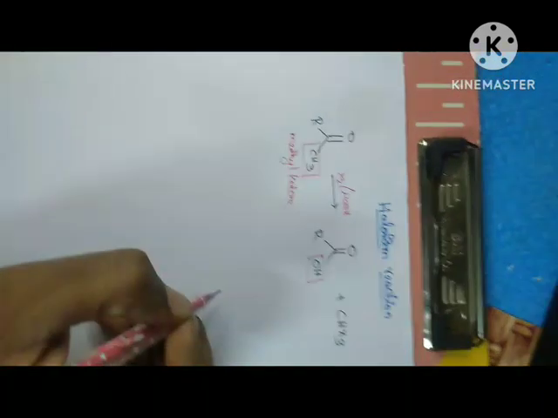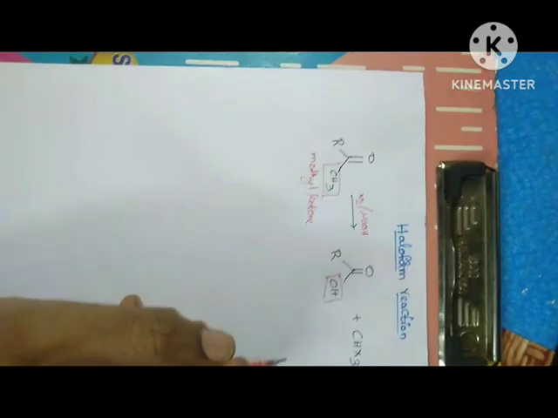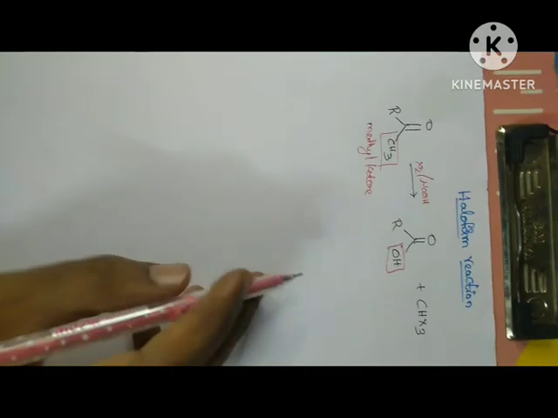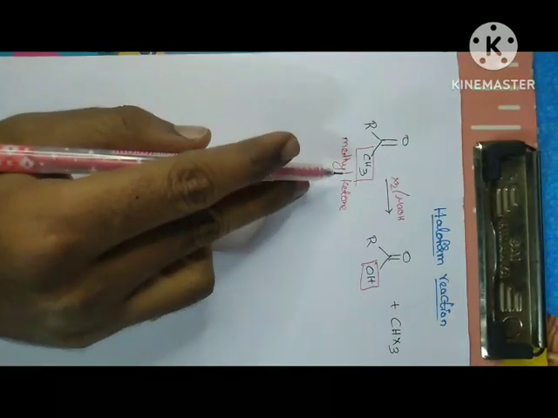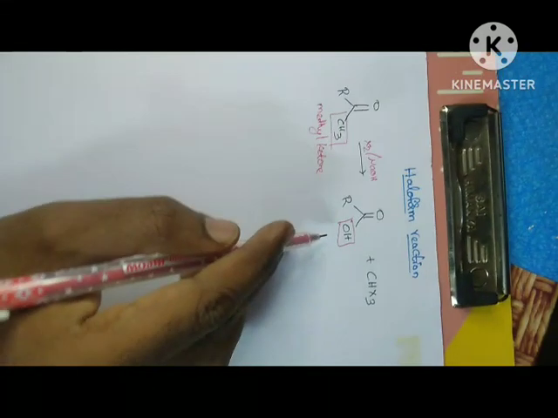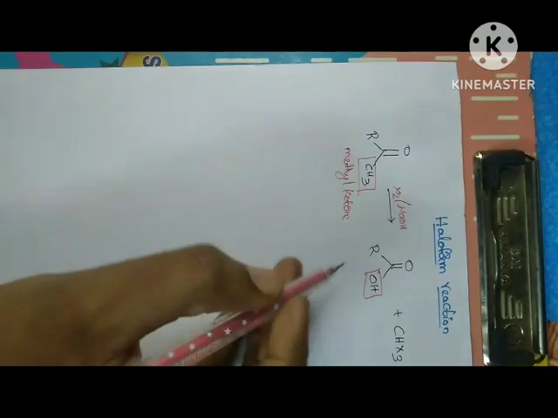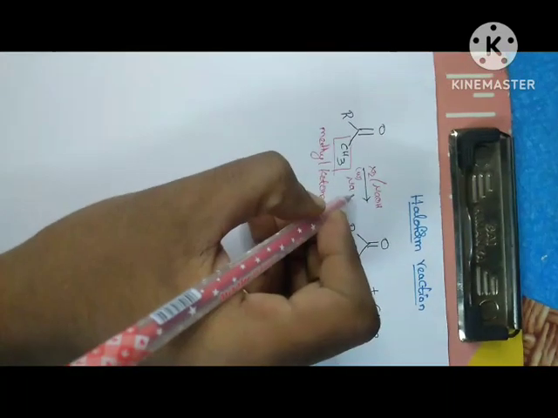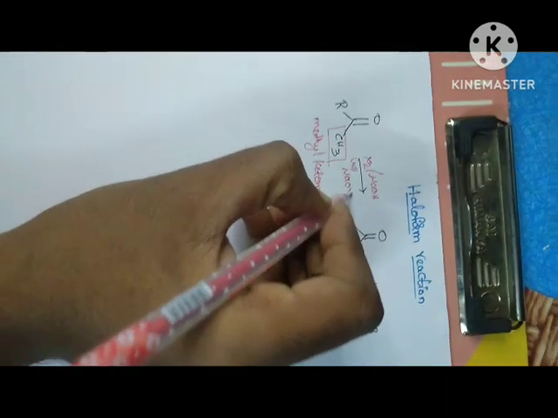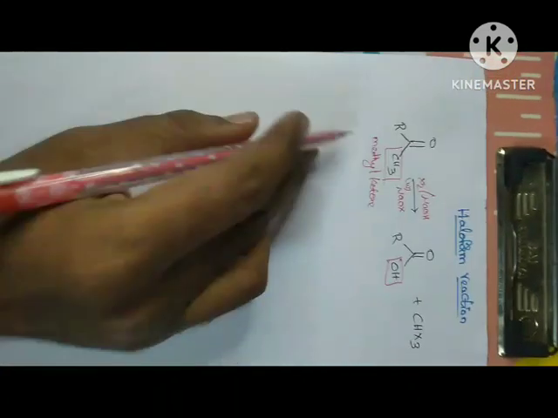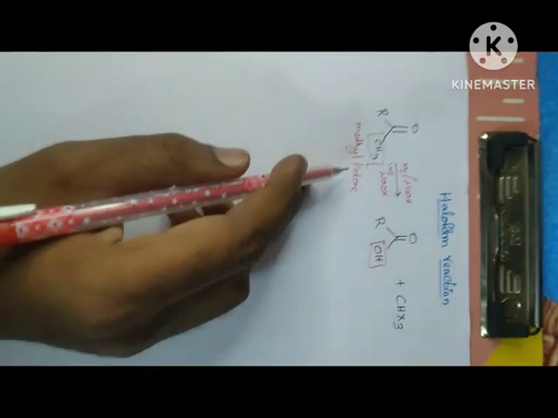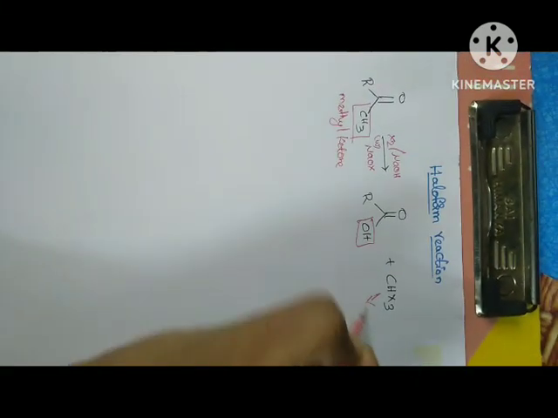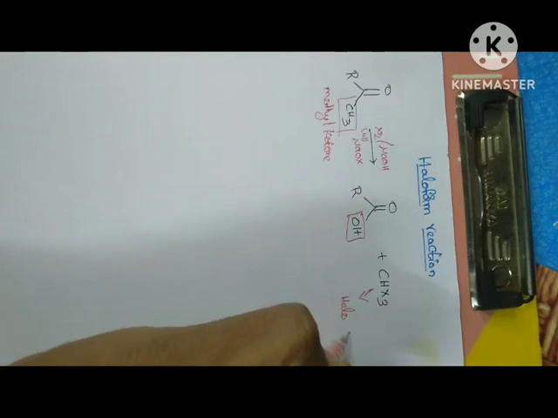X2 with NaOH, sodium hydroxide, does the reagent job of converting methyl ketone into OH group. It forms a reagent called hypohalide. Because of it, methyl ketone is converted into hydroxyl group, and the byproduct is haloform.